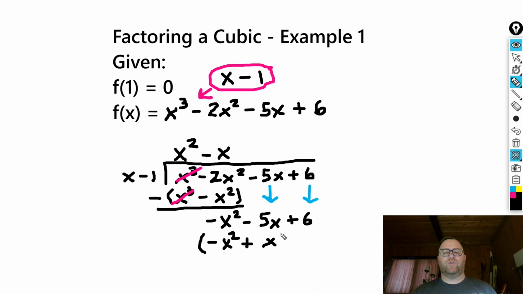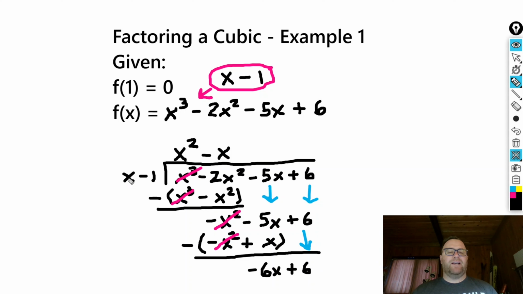We are again subtracting this. So negative x squared minus negative x squared, these cancel out. Negative 5x minus another x is a negative 6x. And we bring down the 6 here. So we have plus 6.